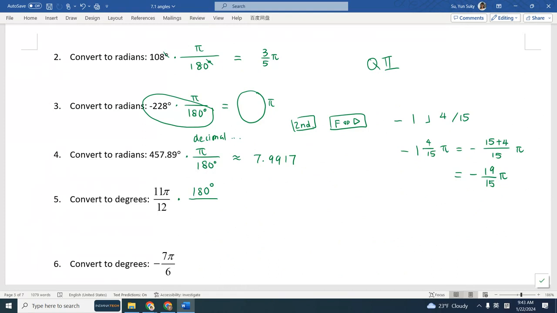Then downstairs, what do you put? Pi. Oh, you see pi cancel. Plug this in your calculator. What do you get? 165? Thank you. So we get 165.